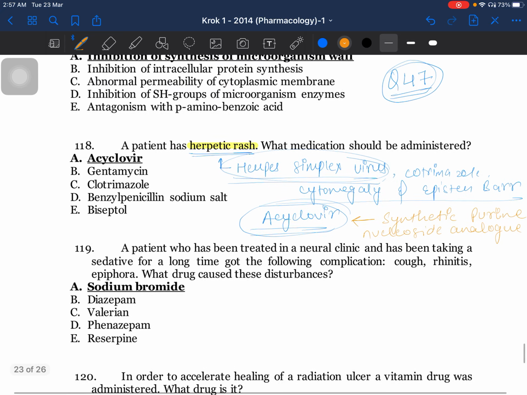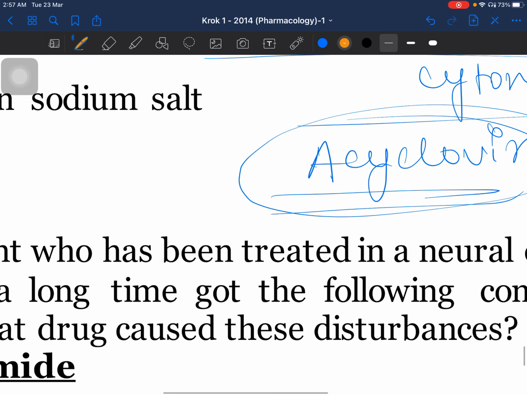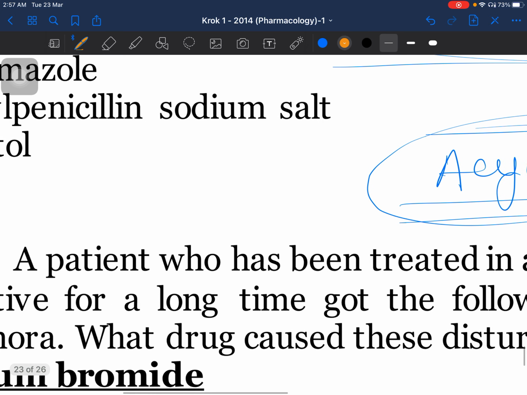Okay, now let's talk about the mechanism of action of acyclovir.